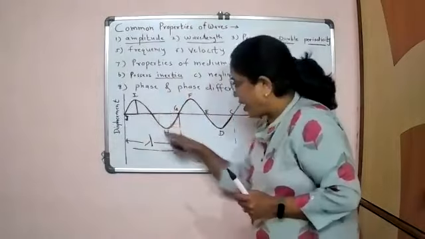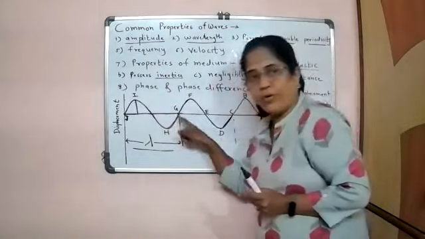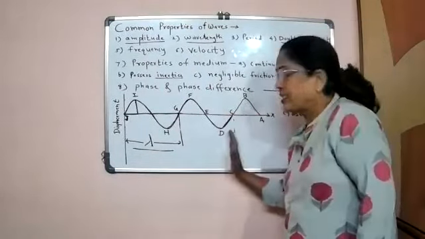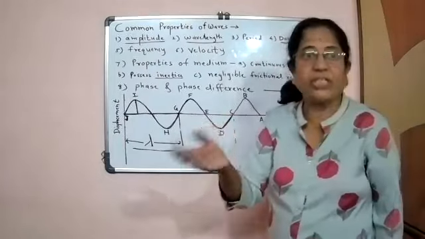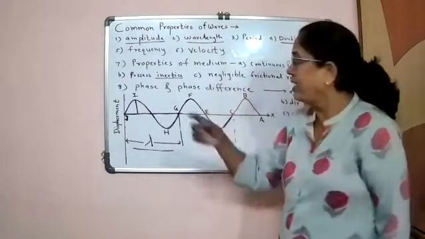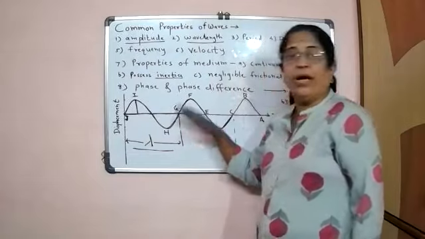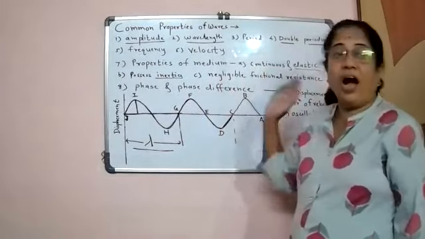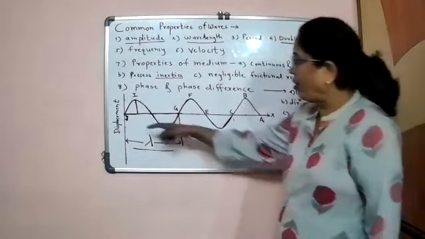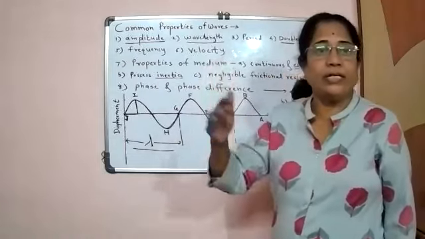And the second periodicity, or double periodicity, is that the form of the wave repeats itself after equal intervals of time.